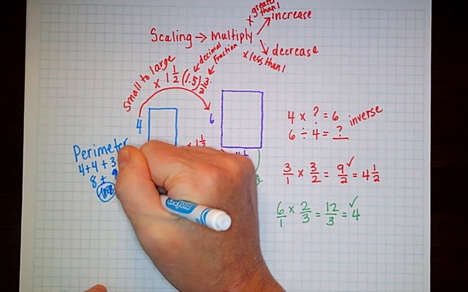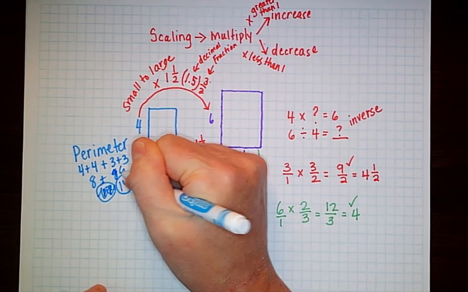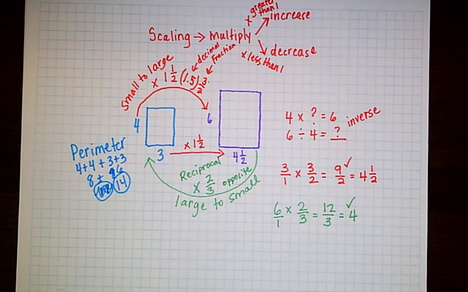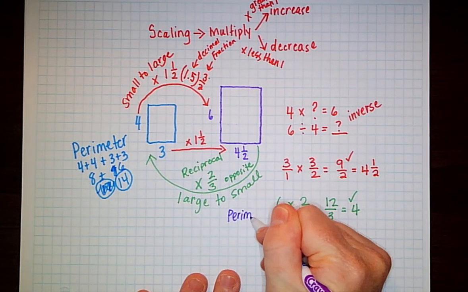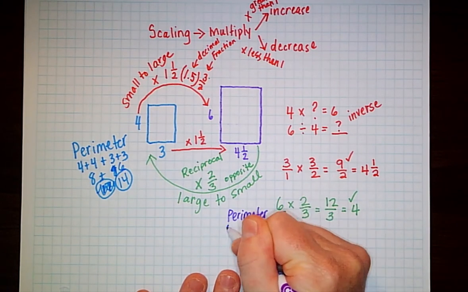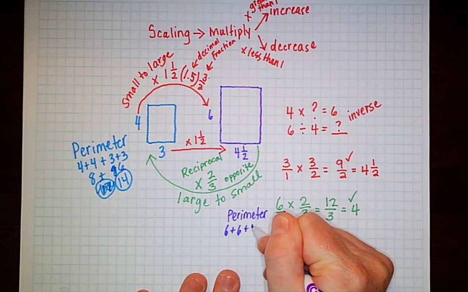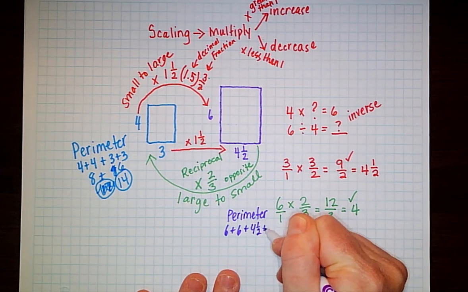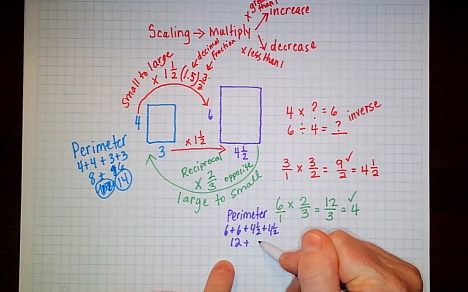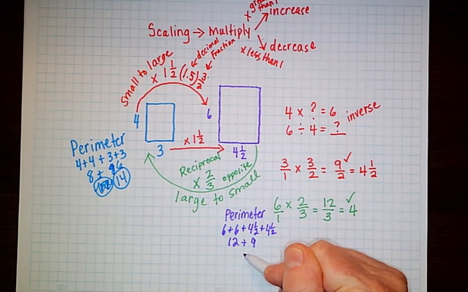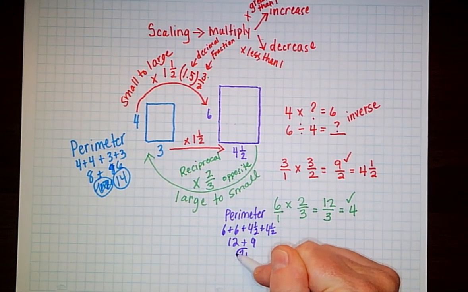That would be 14. Now the perimeter of this one is 6 plus 6 plus 4.5 plus 4.5, so that would be 12 plus 9, which is 21.